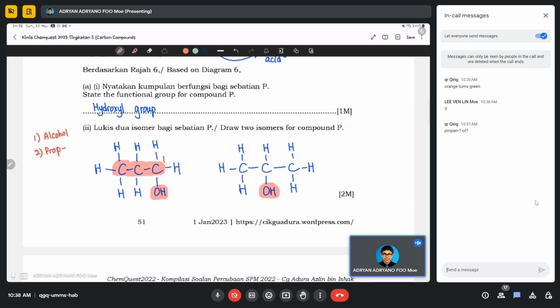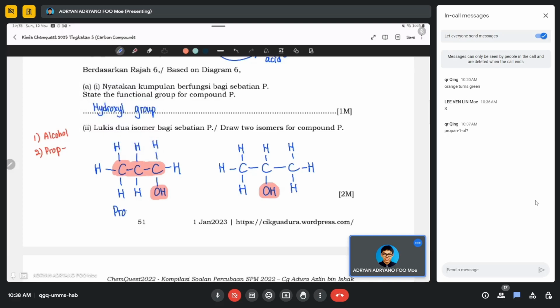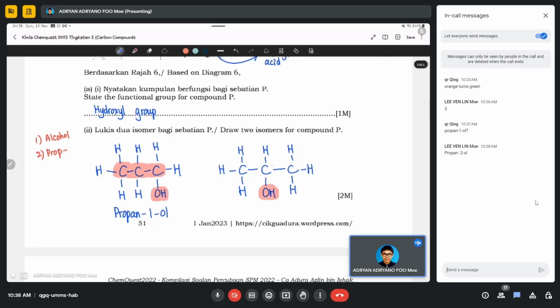Here I opt for right to left, because the hydroxyl group is on the right-hand side. So this is your first carbon. Your name is propan-1-ol. What about the right-hand side? The hydroxyl is on the second carbon, so this is propan-2-ol. That's all.